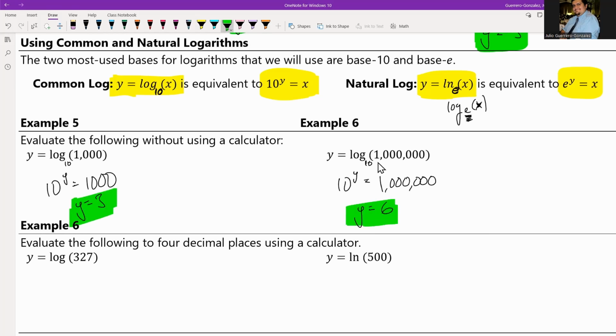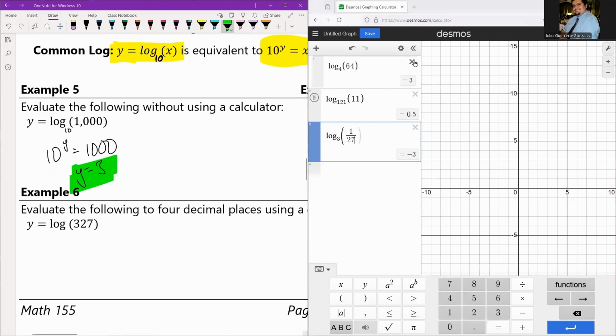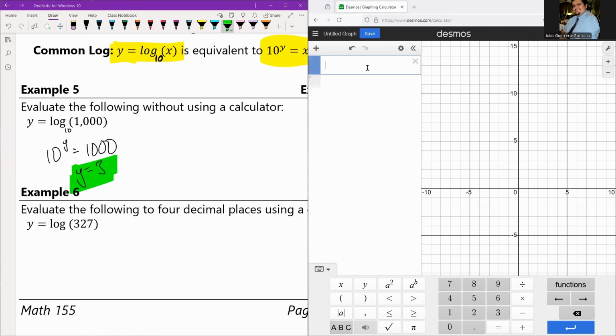Bam, bam. And the last thing that I've got to cover is how to find these just using your calculator. So let me erase these. If you just type in log, you don't have to go through the functions. It'll understand what you're trying to do. Log of 327, we've got what we wanted.